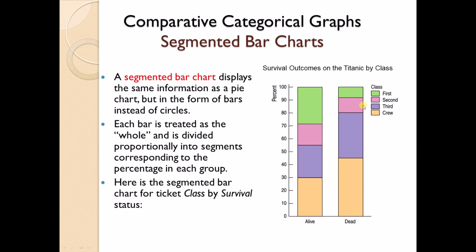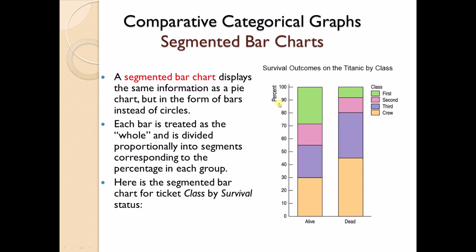Now you do need a legend, see over here, so that you can tell which one's first class, second, third, and crew. If you don't want to do colors, you can just do cross hatches and slant lines and whatever you have to do in order to distinguish between categories.